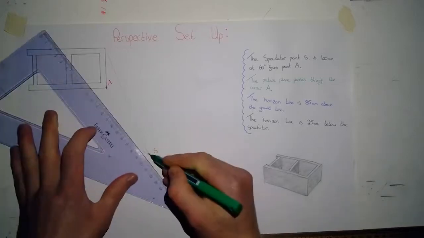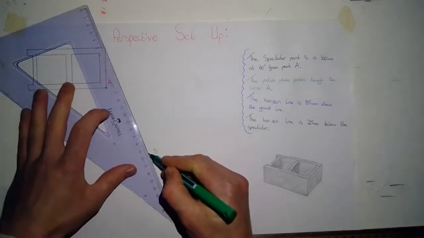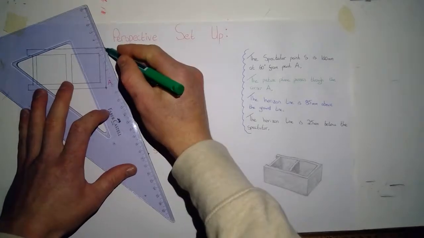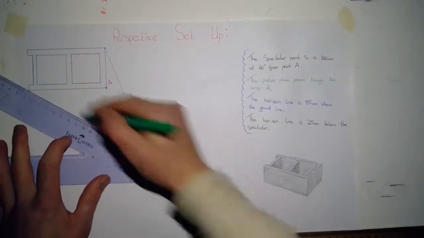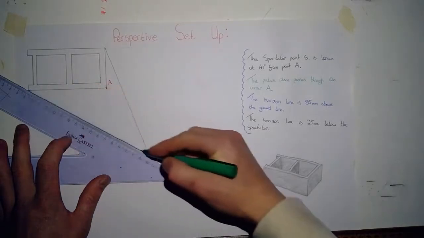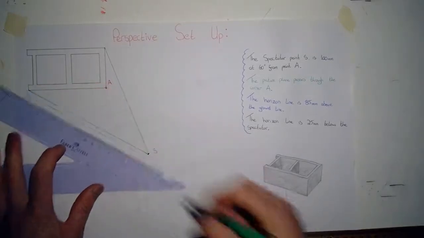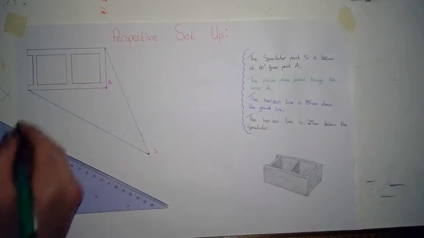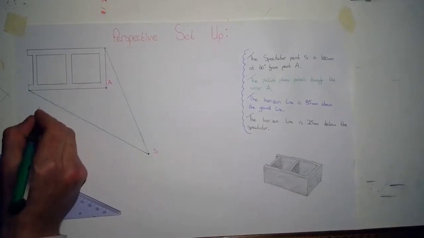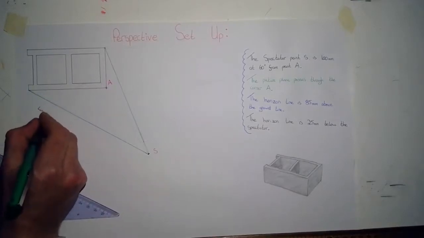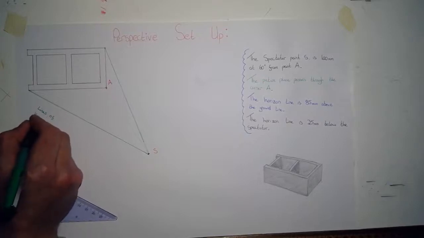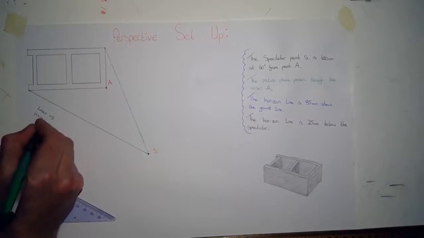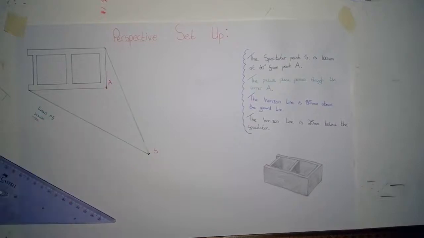Okay, so I'm going to do these in green. And I'm going to note these. So the lines of vision, okay?